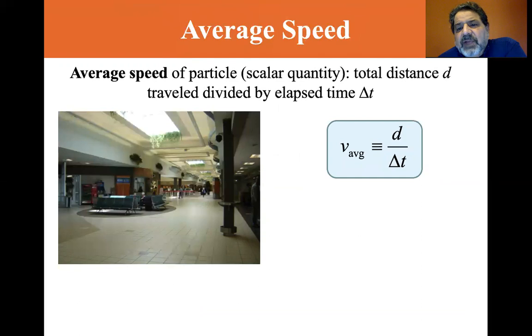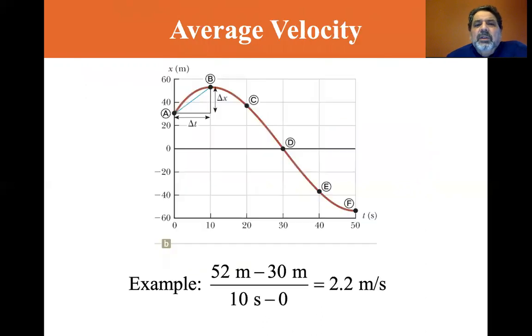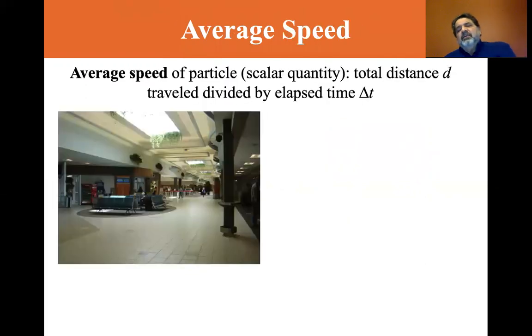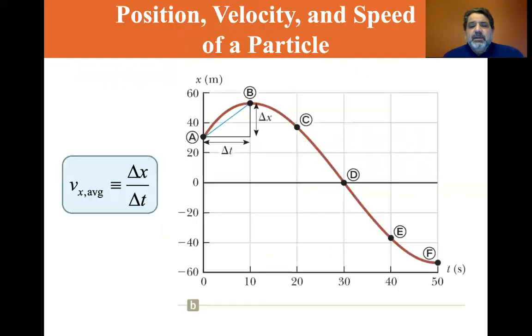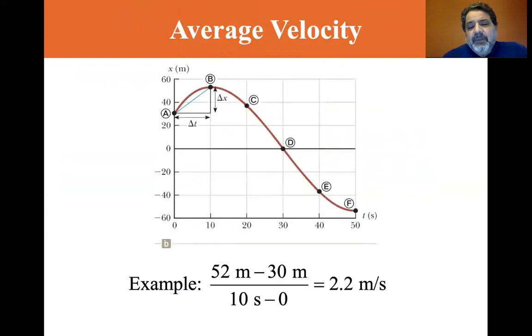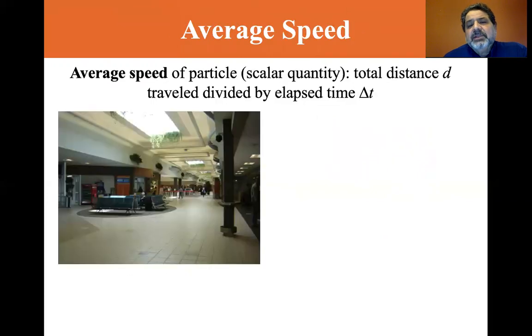In this case we're talking about average speed, so it's the total distance, not the displacement. Delta x is a displacement, and here we're talking about the distance traveled. Average speed is the distance traveled, and that's a scalar quantity.